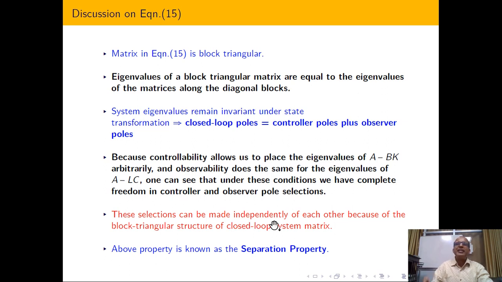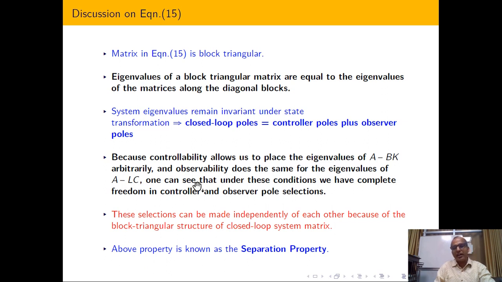Then only will I quickly get the unmeasured state, and after that I am going to use that for the design of the controller. For the controller design, I have to select K such that the eigenvalues of this matrix are negative. I have to select the gain L here such that the eigenvalues of A minus LC are strictly negative.